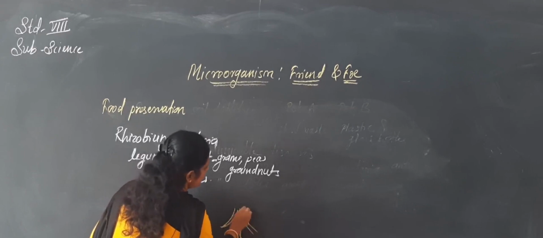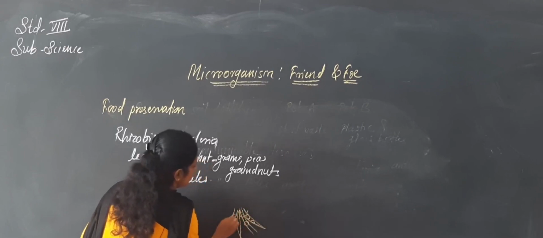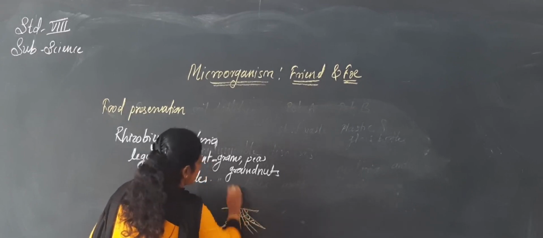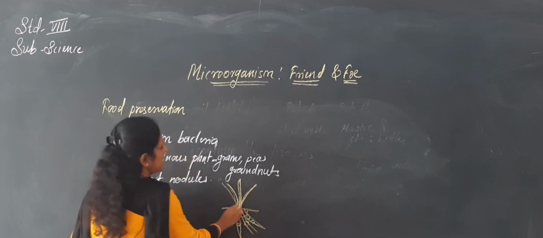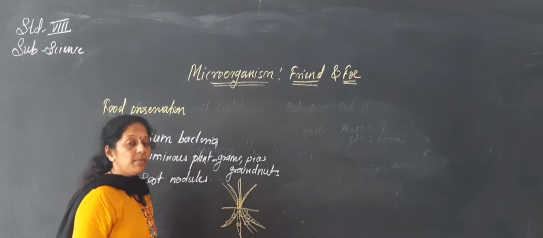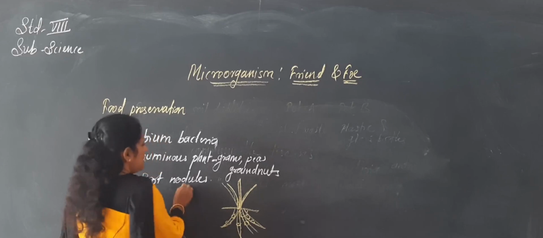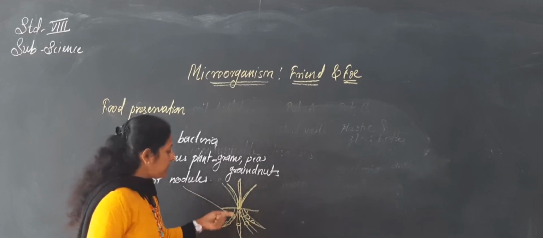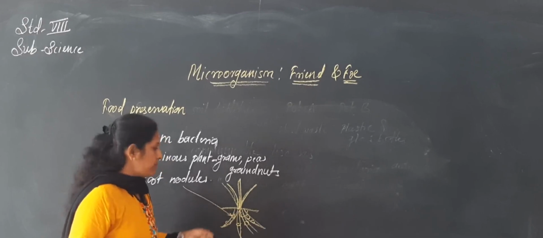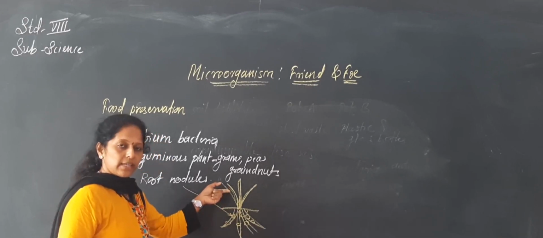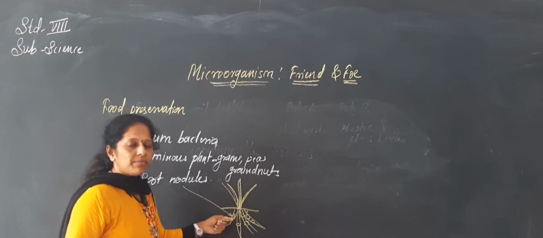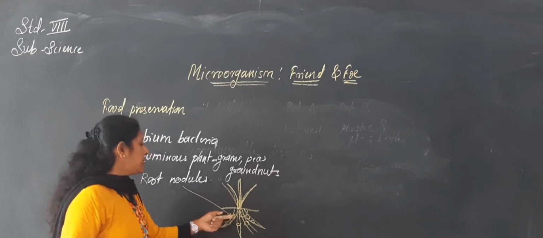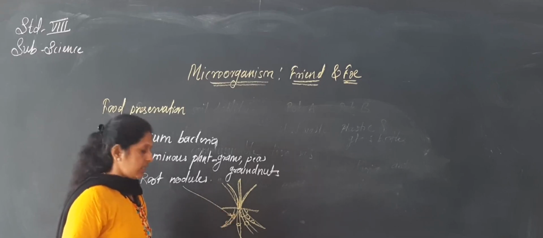These are the root nodules, and in them Rhizobium bacteria are present. These bacteria are very important for nitrogen fixation. The bacteria live in the root nodules. They take food and shelter from the plant, and in return they give nitrogen. That is called a symbiotic relationship.